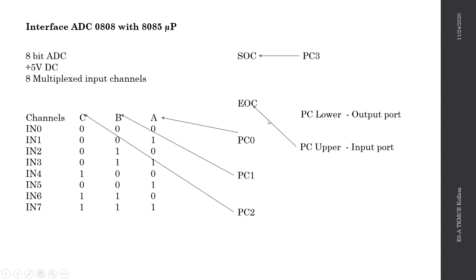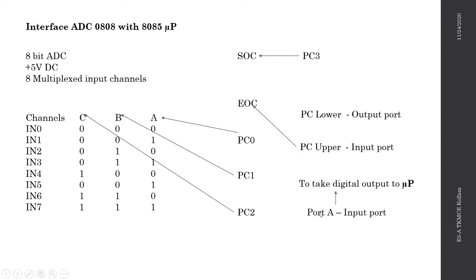Say it is connected to the 7th pin of port C. So port C upper is an input port. Whenever the end of conversion signal is high, it indicates that the ADC conversion is completed and the digital value is available. That digital value we need to take into the microprocessor through the 8255. For that, one port is required. That is again an input port.